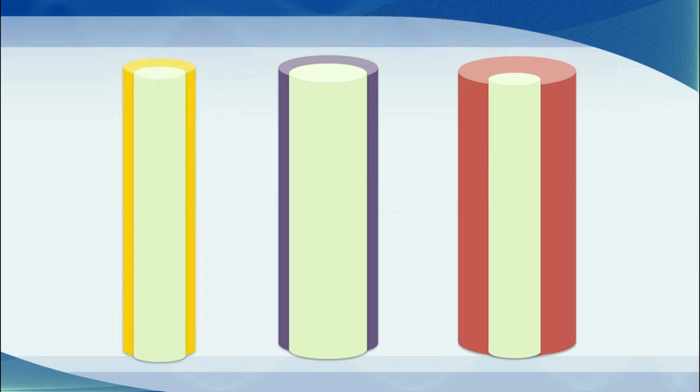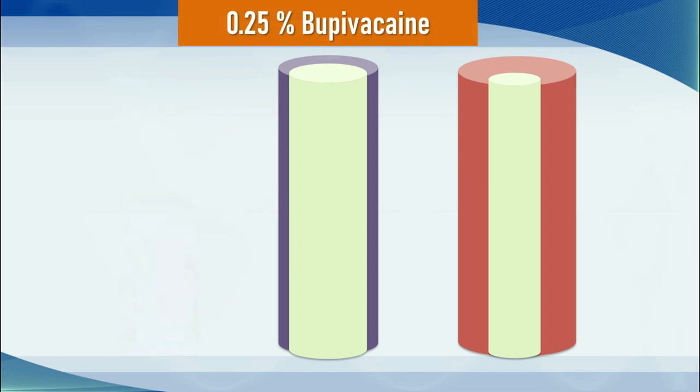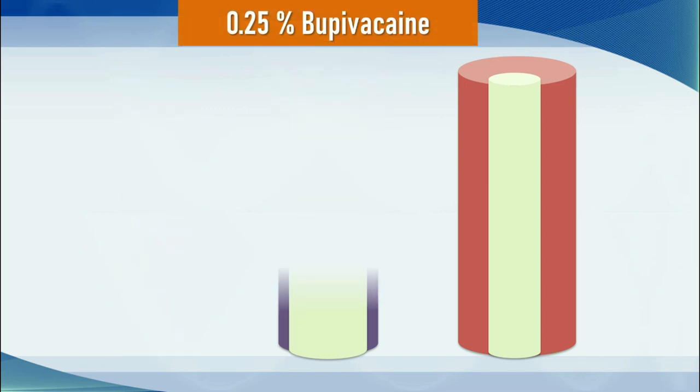A higher dose of local, for example, 0.25% bupivacaine given in modest doses will wipe out pain and probably wipe out proprioception, but will have limited impact on motor neurons unless a large volume is administered.